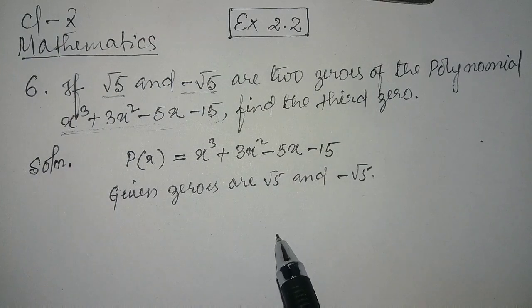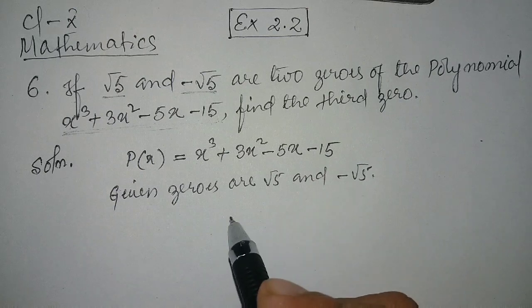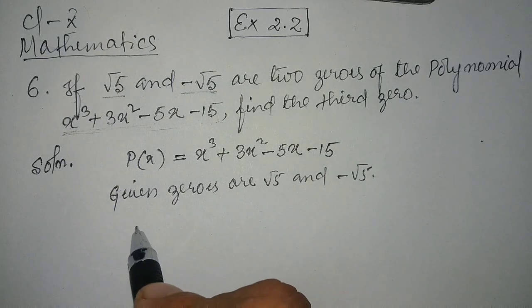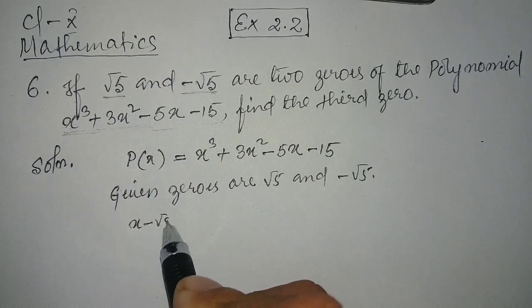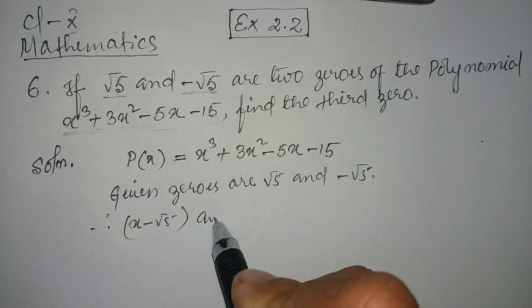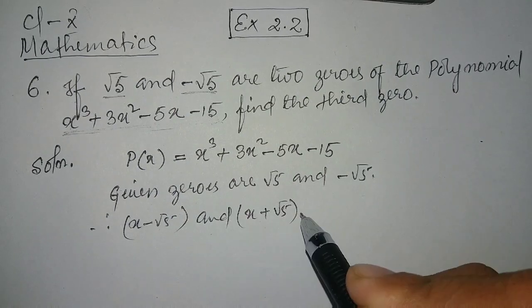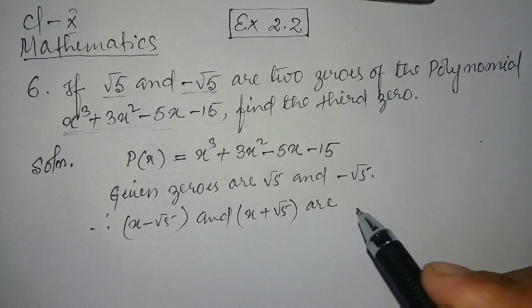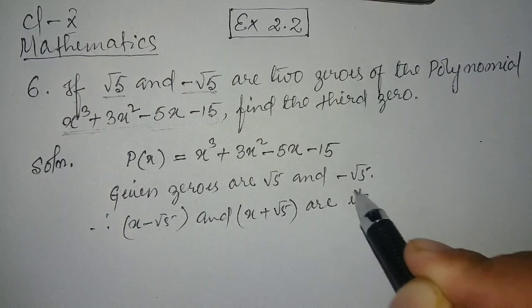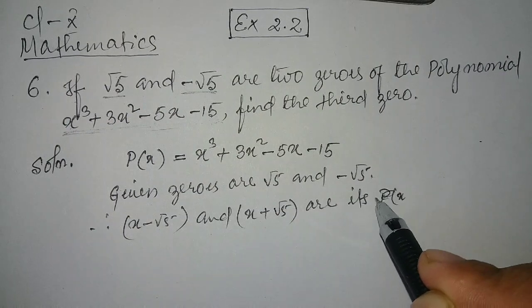So as I have explained just now, since root 5 and minus root 5 are its zeros, x minus root 5 and x plus root 5 are the factors of this given polynomial.